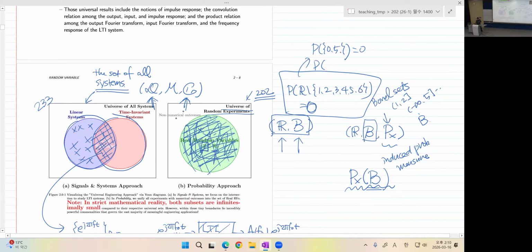Of course, this is also 0 and so on. Got it? So in this way, we unify all possible random experiments that generate real numeric numbers in this set. And we are now able to develop a new theory. Got it? Anyway.